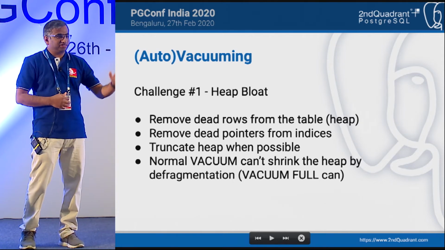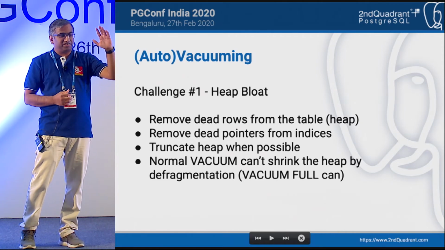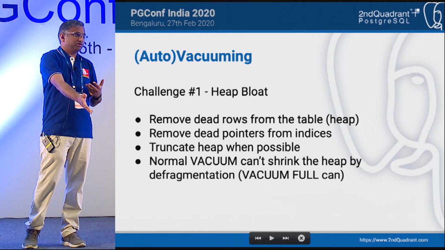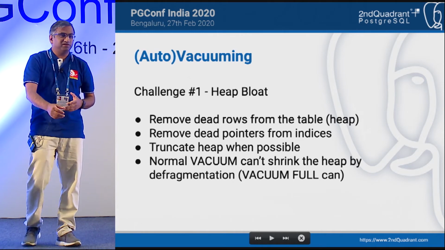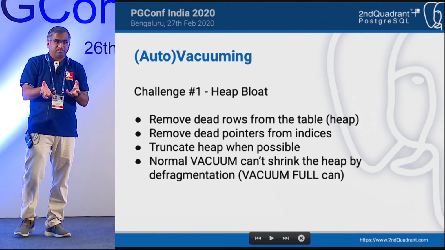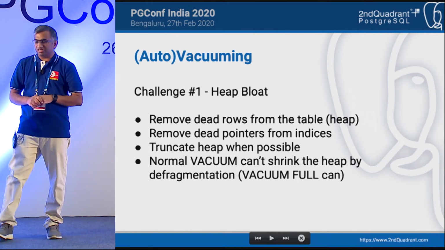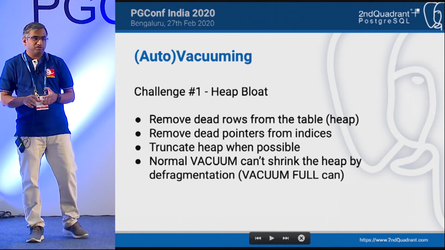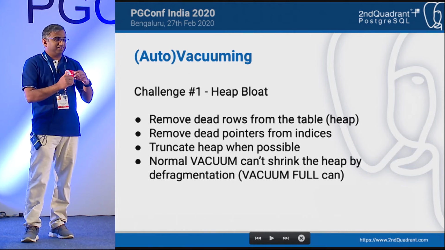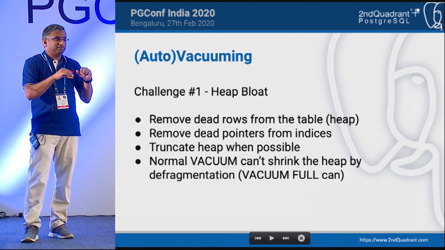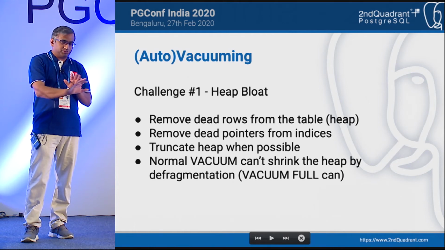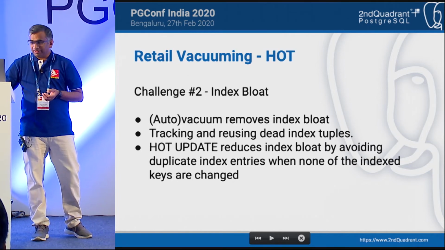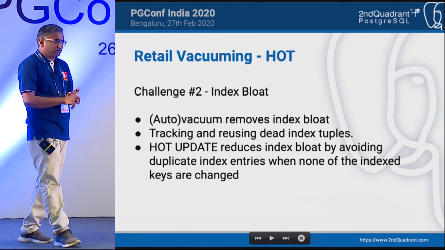And as you would imagine, as the heap is getting bloated, more pages are being allocated by the file system for the table. You want to somehow reclaim space consumed by that table. Now, important to note that vacuum, the normal vacuum, doesn't actually defrag the table. It can only release free space if it's at the end of the table, and we'll talk about that in a bit.